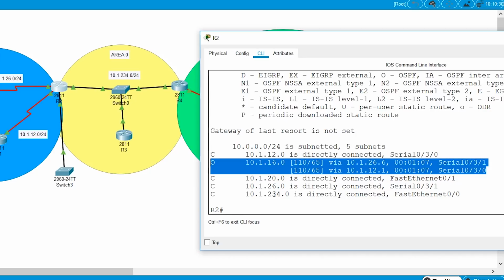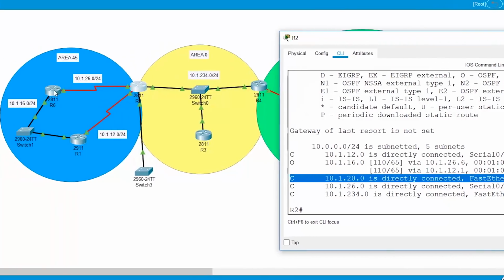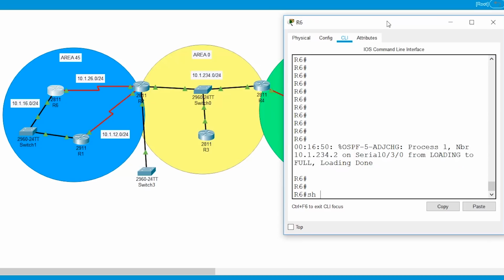One critical thing that you need to know is that network 10.1.20.0 is in the routing table for router 2. Now let's go to this device. Technically this device does not know about 20 because it's not directly connected, right?